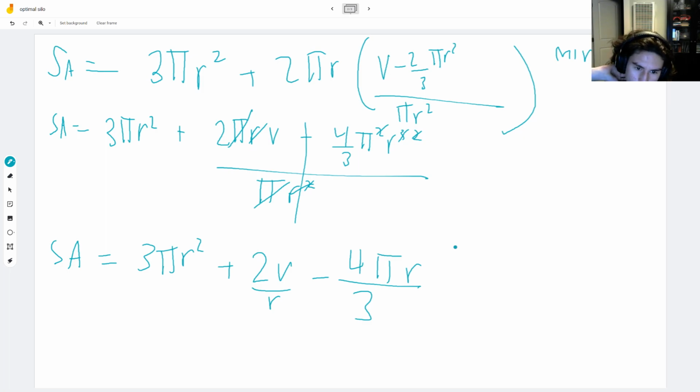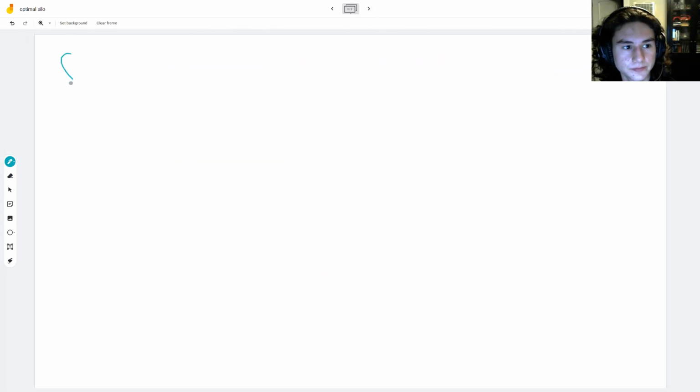So now this looks a lot more manageable to differentiate because we've isolated all of our r's to just be on the top where we can just use the power rule. So now I'm going to differentiate.